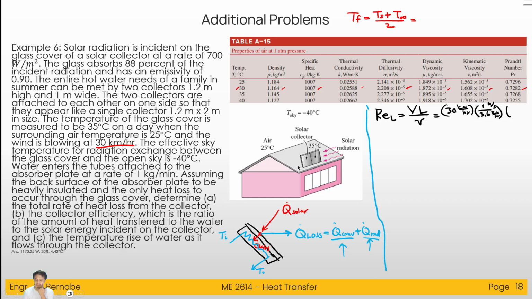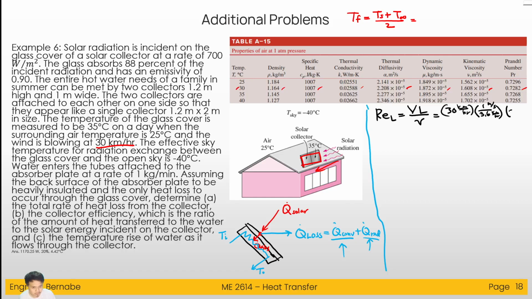It should be the width, so the length should be 2 meters, since the airflow should be in this direction. It's not really in that direction because of how it is oriented, so we will just assume it goes in this direction, although the other could still be correct. We will just use this direction for now.